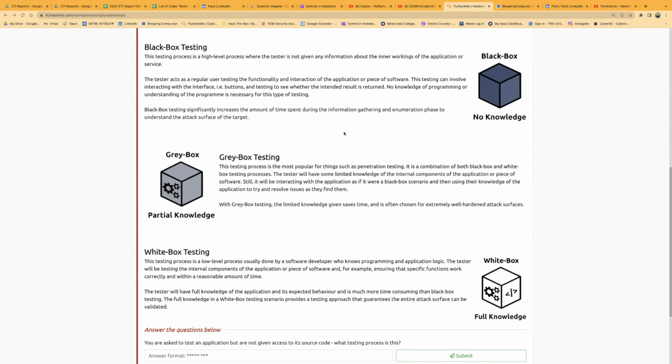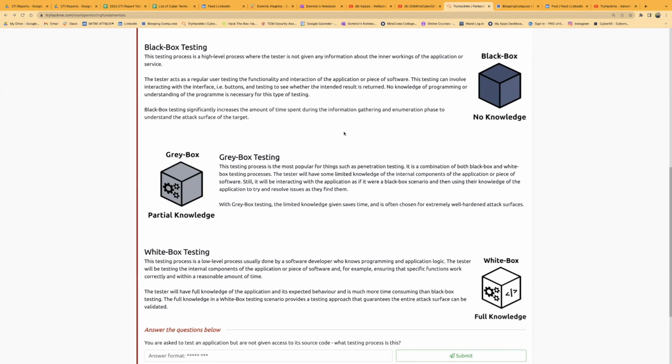Next one is gray box testing. It's kind of like a gray hat hacker. It's in the middle of white box and black box testing. It's the most popular out of the three, a combination of both. The tester is given limited knowledge of the network and whatever components make up that system or application.